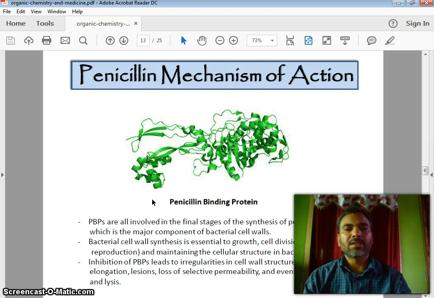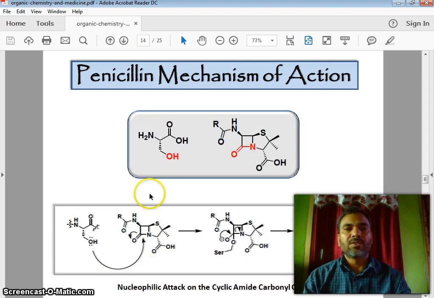Bacterial cell wall synthesis is essential to growth, cell division, thus reproduction, and maintaining the cellular structure in bacteria. Inhibition leads to irregularities in cell wall structure such as elongation, lesions, loss of selective permeability, and eventual cell death and lysis. So penicillin mechanism of action is like that.